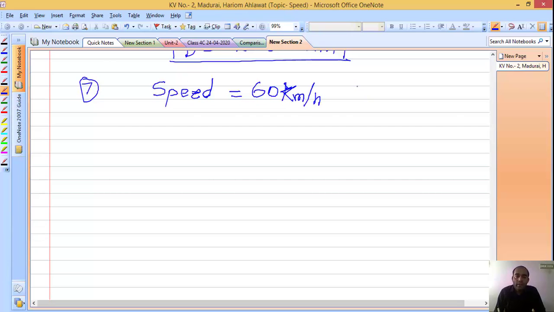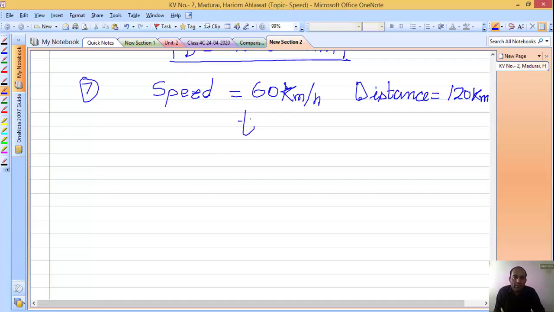Okay, and distance equal to, let's suppose 120 kilometer. Okay, your speed is 60 kilometer and the distance covered is 120 kilometer.